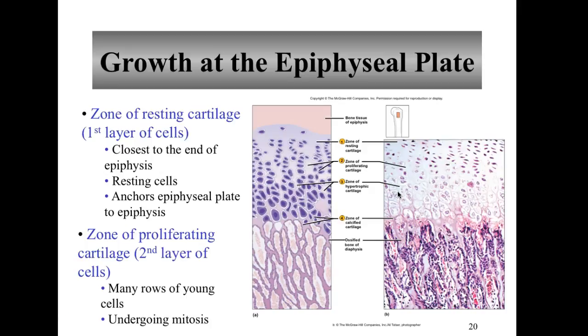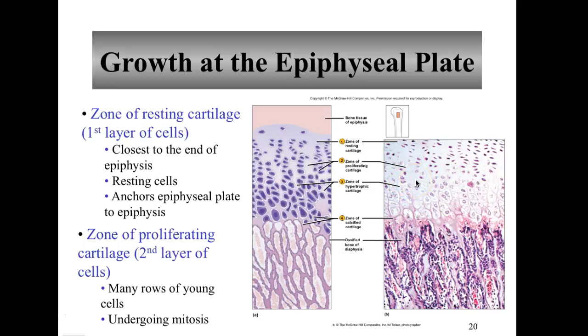The next area would be the zone of proliferating cartilage. So this would be your second layer of cells. So here is that zone of resting cartilage. Here is the zone of proliferating cartilage, and look at the chondrocytes in there.